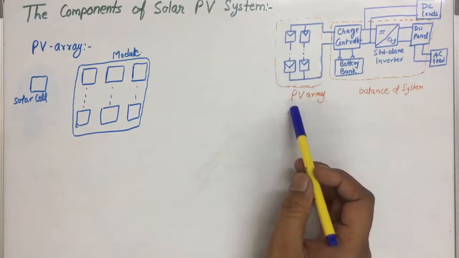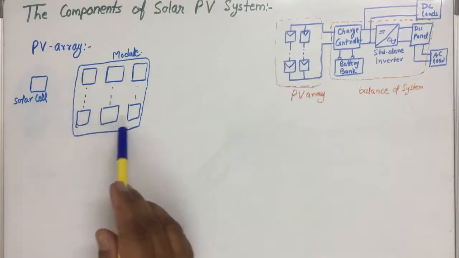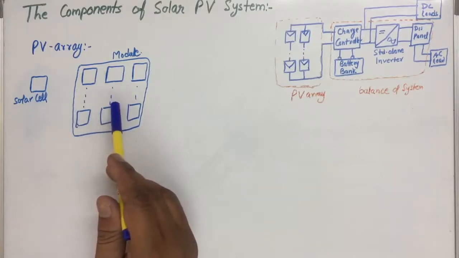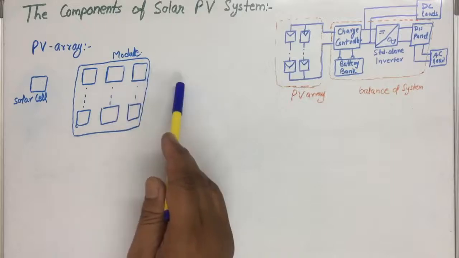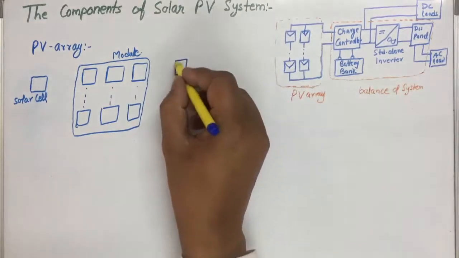The basic unit of PV array is solar cell, and the solar cells are connected to form the module, which is further connected to other modules to form a PV array. So different modules are connected.